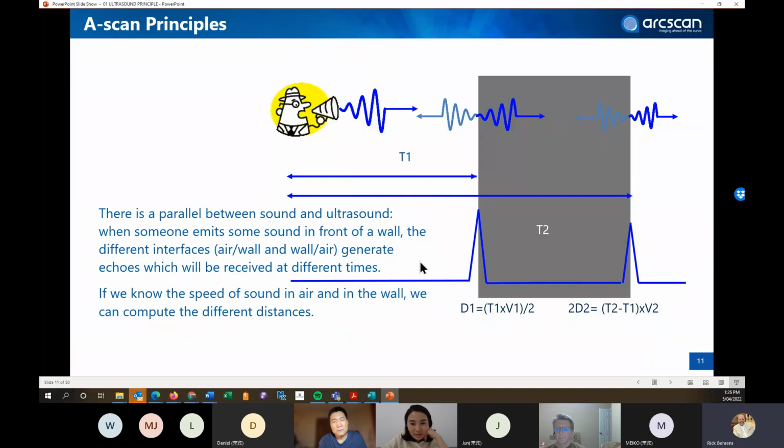Every time it hits something, part of that sound wave is lost, so it loses a little bit of strength, but it comes back and tells you, I found something. And these areas are called gates.